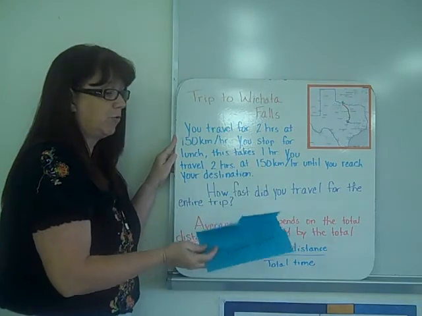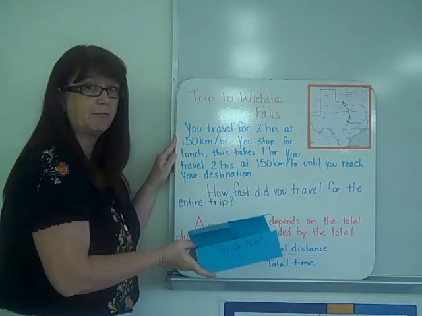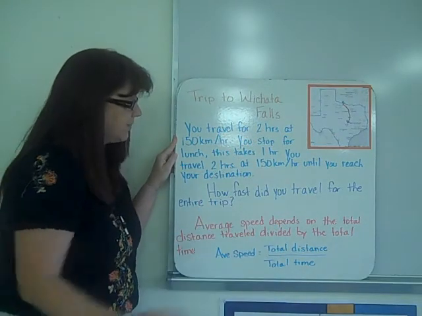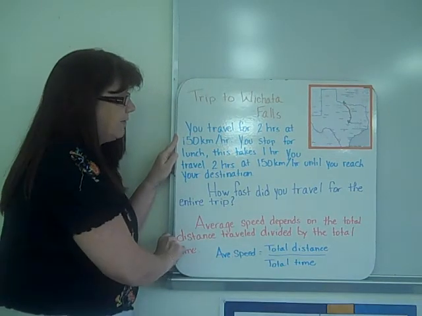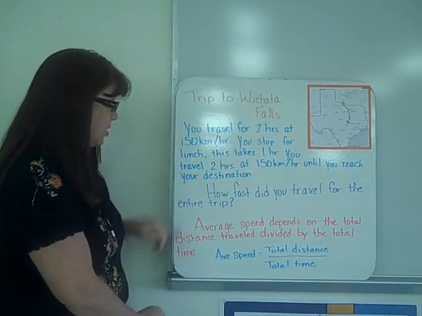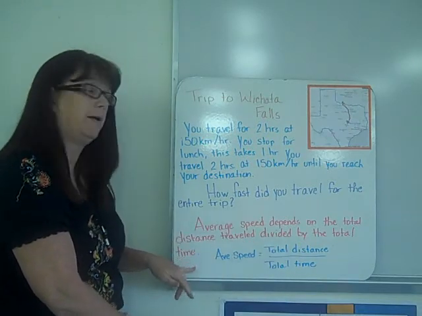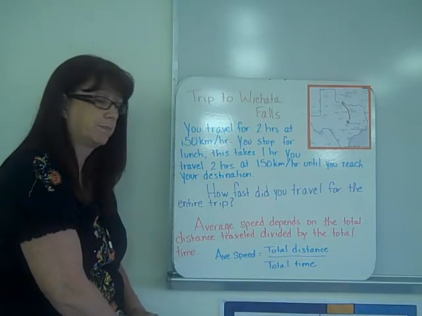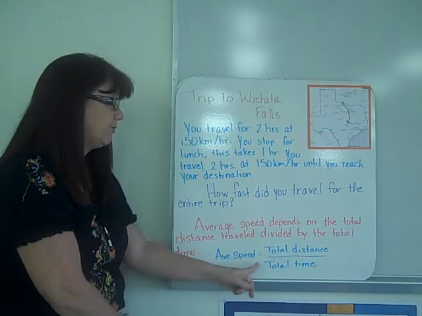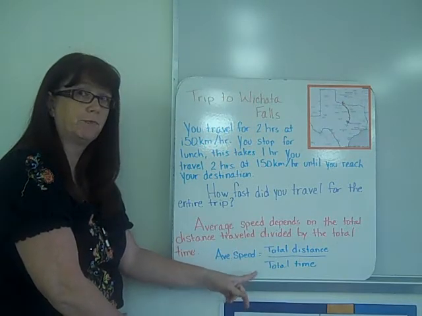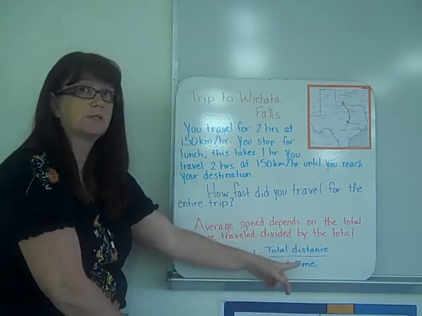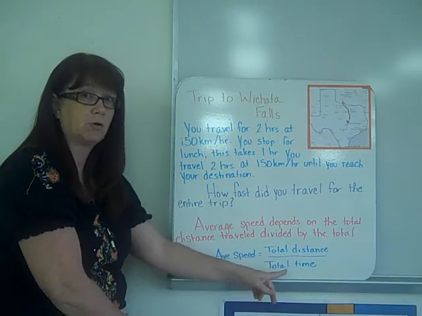On your foldable, underneath the flap for average speed, write this definition. Average speed depends upon the total distance traveled and the total amount of time that it took. So here's our formula. Average speed equals total distance divided by total time.